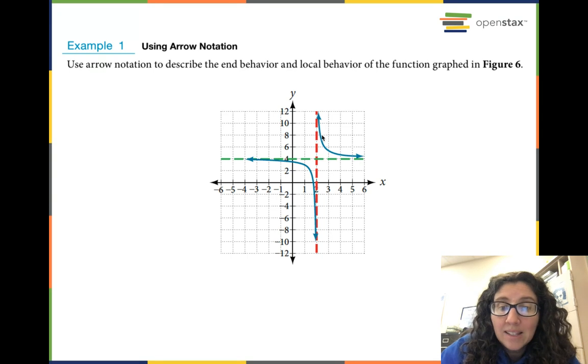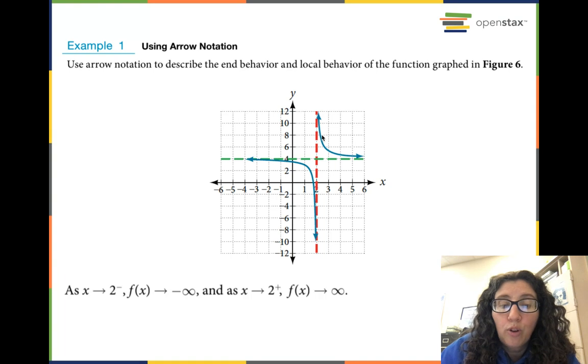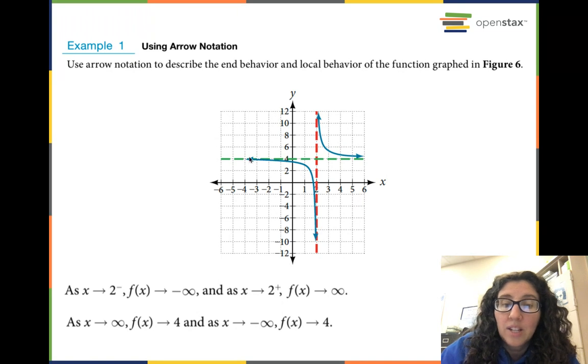So as x approaches 2 from the left, f of x approaches negative infinity. And as x approaches 2 from the right, f of x approaches positive infinity. And how about the end behavior for this horizontal asymptote? As x approaches infinity, f of x approaches 4. And as x approaches negative infinity, f of x approaches 4.